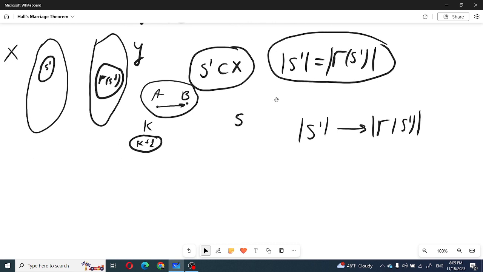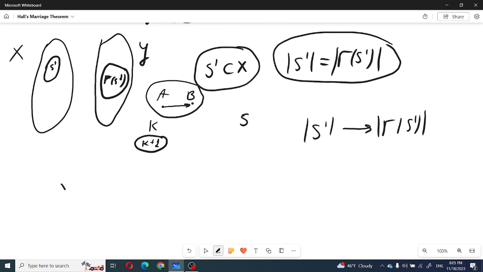Now let's look at X prime, which equals X minus S prime, and Y prime, which equals Y minus G of S prime. Now we will prove that X prime and Y prime satisfy the initial condition.